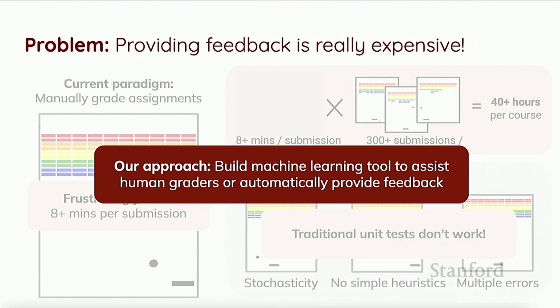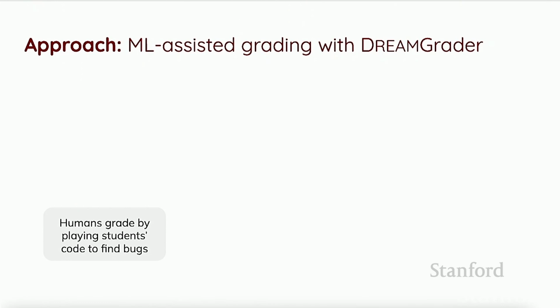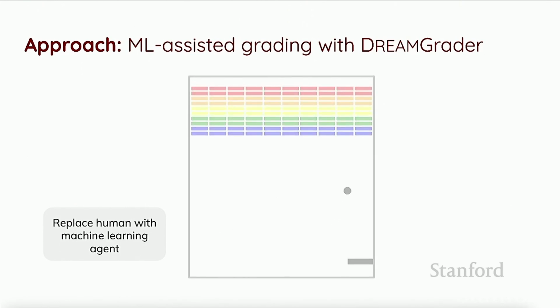So we did this work, and then we did an initial approach to this, and then Evan, who is the key author of this, extended this to try to think about rubric items. So the idea is that instead of having humans grade, what we're going to do is replace humans by a machine learning agent.